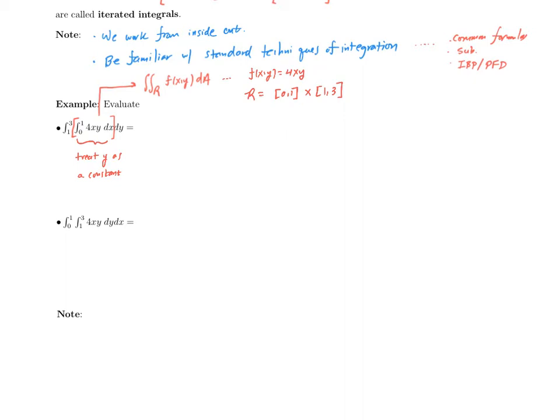So when we anti-differentiate a constant times x, we are going to get that constant times 1/2 x squared. And 4 over 2 would give us 2y x squared.